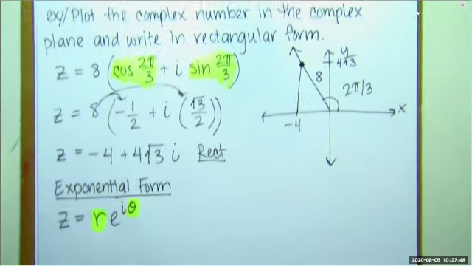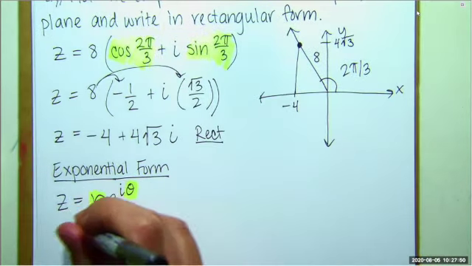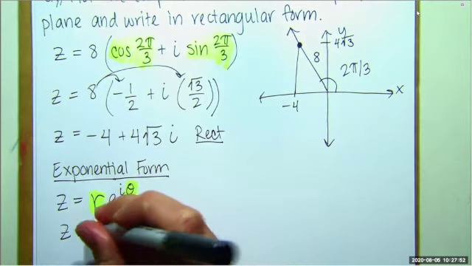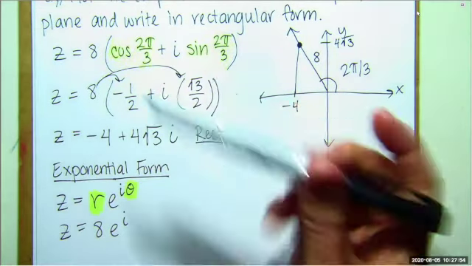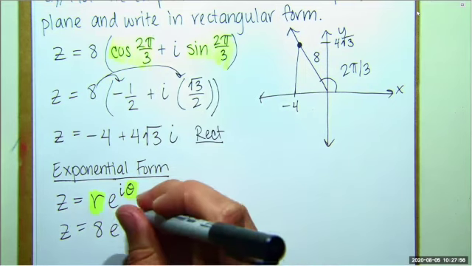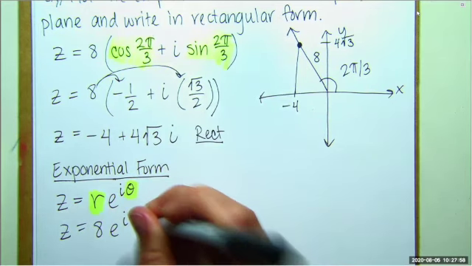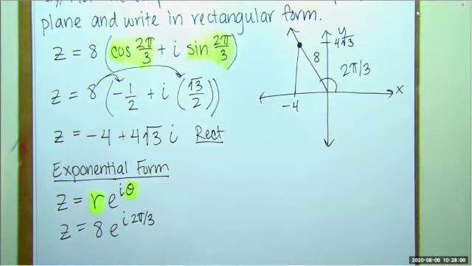So in exponential form, r was 8 and theta was 2 pi over 3. Any questions on this example? Okay, let's do one more.